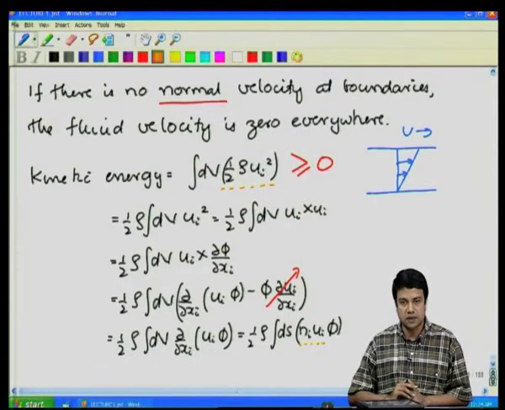That is, one has to have a non-zero normal velocity at the surfaces that are bounding the flow in order for the fluid to be moving. If the normal velocity is 0 at each and every point, that means that the velocity within the fluid is also 0 everywhere. The system is stationary.